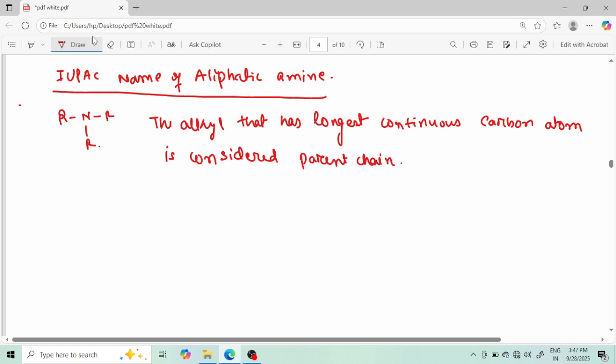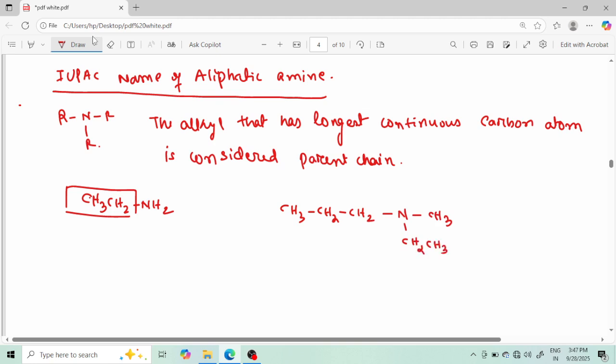So suppose if I give one example, CH3 CH2 and NH2, right? So here only one alkyl is given, so this alkyl itself will be the parent chain. Now if I give here CH3 CH2 CH2 and then this N and CH3, and here you have CH2 and CH3, right? Now if you look carefully, here you have 3 parts.